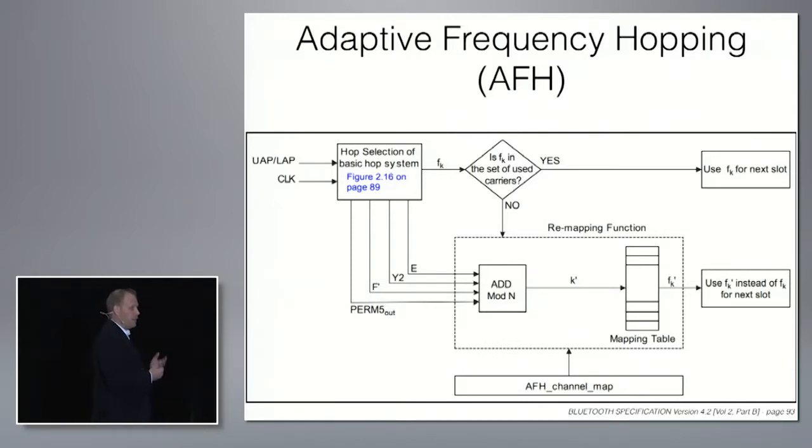If it's a used channel, it's very straightforward: I have to transmit a packet on the next time slot, the time slot's in the used category, I'll just send it. If it's unused, I say, all right, I have to transmit a packet, but that channel is in the unused category. So I go to a channel mapping table, see what maps that unused channel to a used channel, and send it on that channel. Does that make sense? Or did I confuse you?